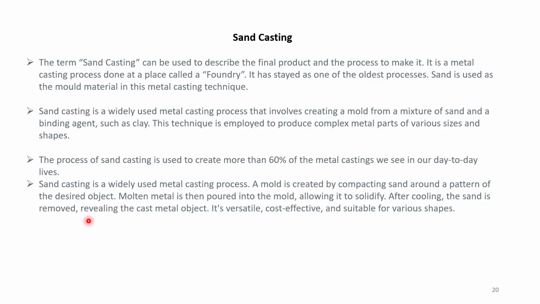The molten metal is then poured into the mold, allowing it to solidify, and after cooling the sand is removed, revealing the cast metal object. This process is versatile, cost effective and suitable for various shapes.